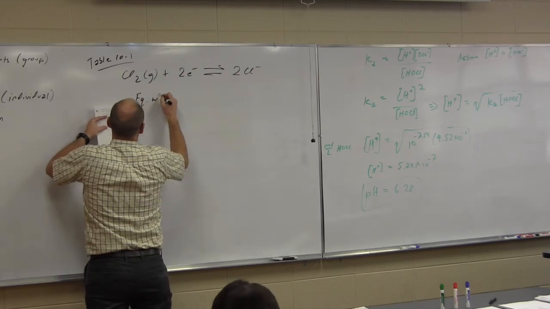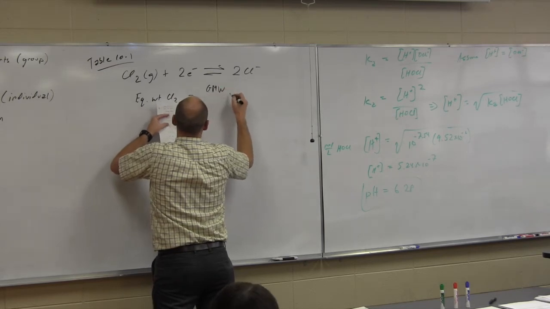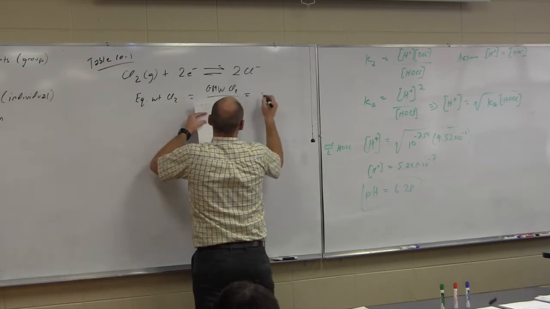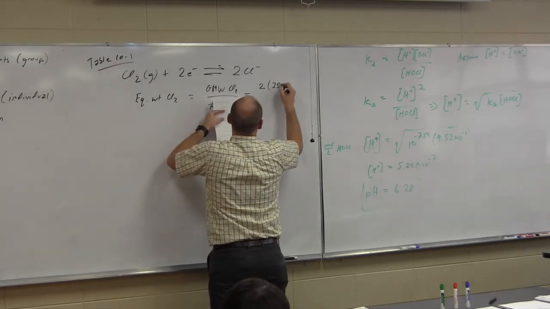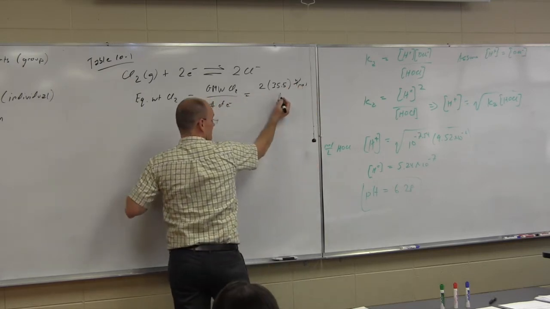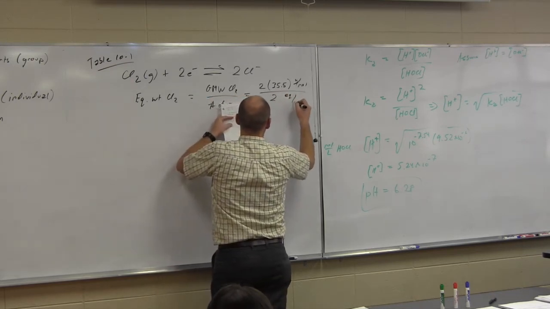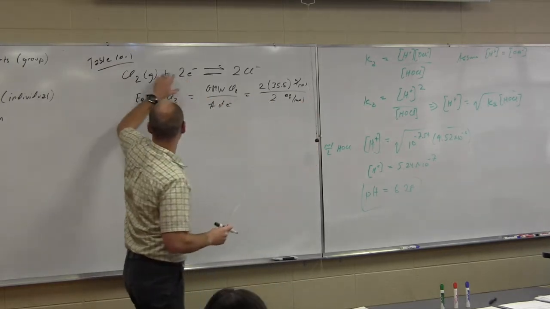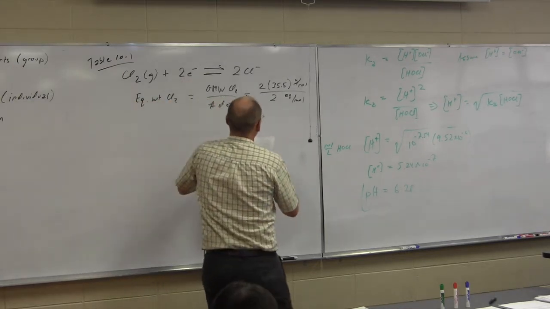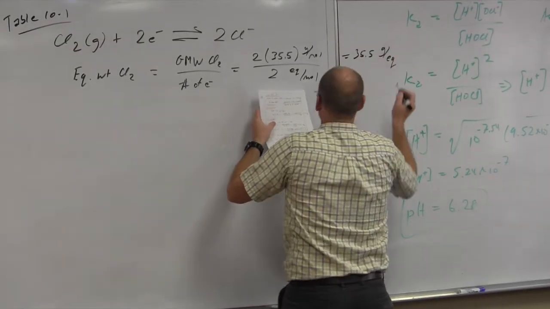And that means the equivalent weight of Cl2 is the gram molecular weight of Cl2 divided by the number of electrons, and that's 2 times 35.5 grams per mole. 1 chlorine atom is 35.5 grams per mole, so we have 2 of them, divided by 2 equivalents per mole, and we see that here. 1 mole of Cl2 has 2 equivalents in it. 2 electrons come off of that. And so we get 35.5 grams per equivalent.